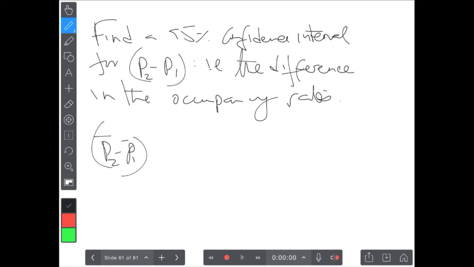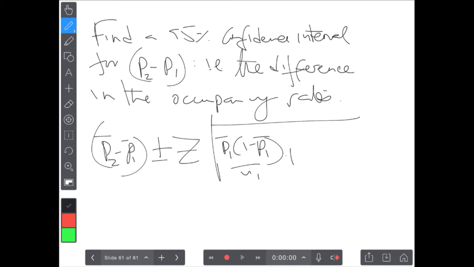I'm going to keep my order, which is P bar 2 minus P bar 1, plus or minus the critical value times the standard error. So we have P bar 1 times 1 minus P bar 1 over N1, plus P bar 2 times 1 minus P bar 2 over N2.